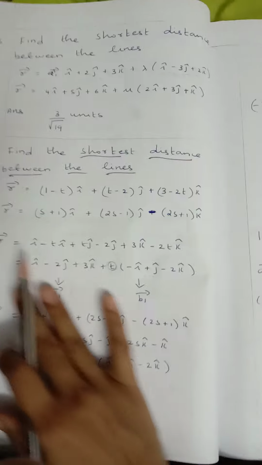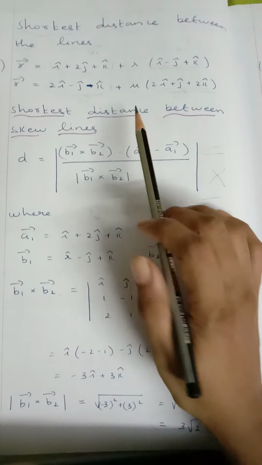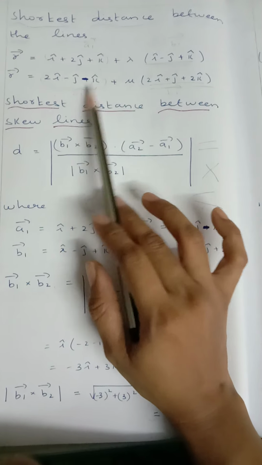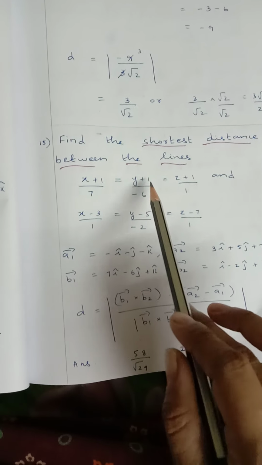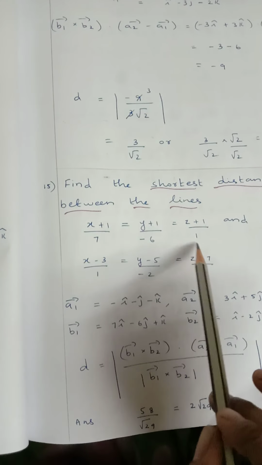See, all the shortest distance sums are the same, right? You can see this. The first question, the shortest distance between the lines: A1, B1, A2, B2. The second question, shortest distance, but it is given in Cartesian form. Cartesian form means the numerator is A1 and the denominator is B1.